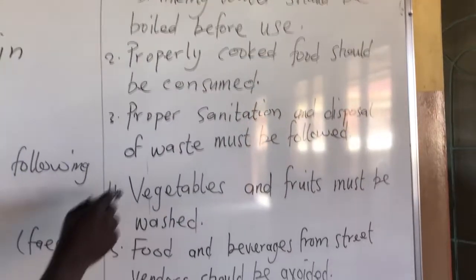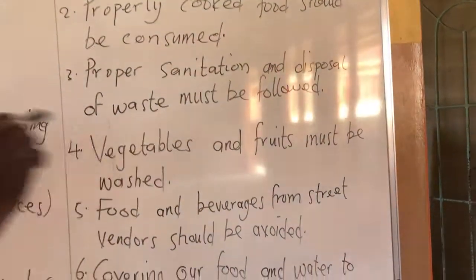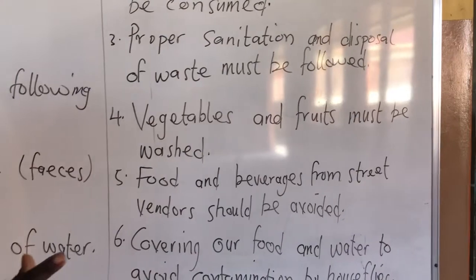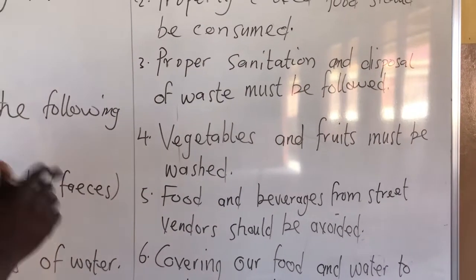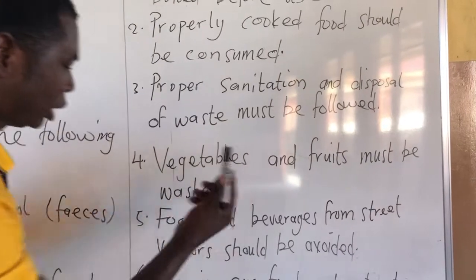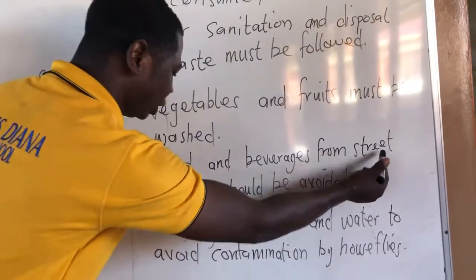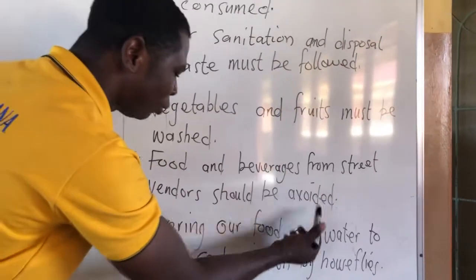So proper sanitation and disposal of waste must be followed. We should do that so that we will not get the disease called cholera. Vegetables and fruits must be washed. Food and beverages from street vendors should be avoided.